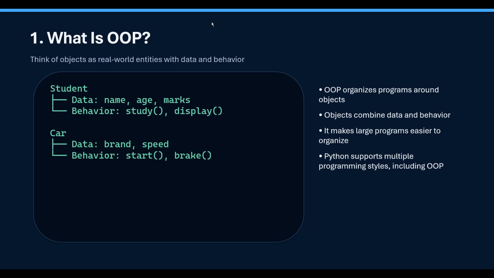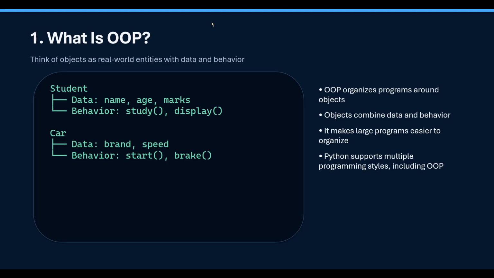Those instances have behavior and data. What are this behavior and data? You can say attributes and methods. Attributes mean the data related to them, and methods are the actions we can take on them. Let's say in the class there are 5 students and they are sitting on 5 benches.